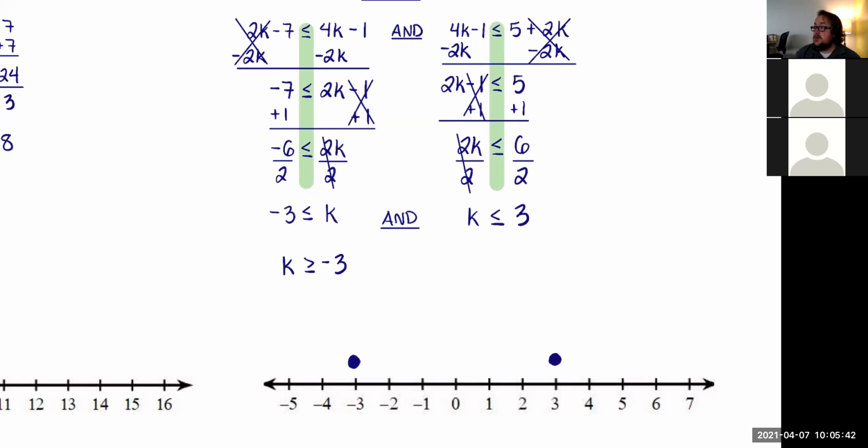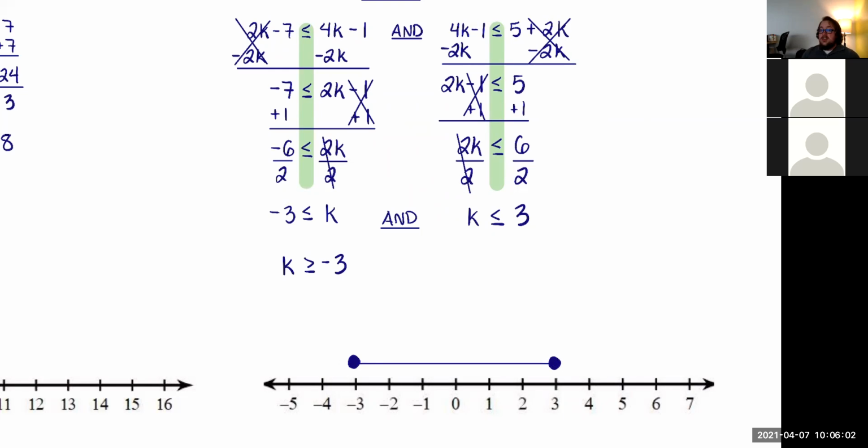Where's my final shaded region going to be? In between them, because the first one that we solved said we wanted everything to the right of -3. And the second one told me I wanted everything to the left of +3.